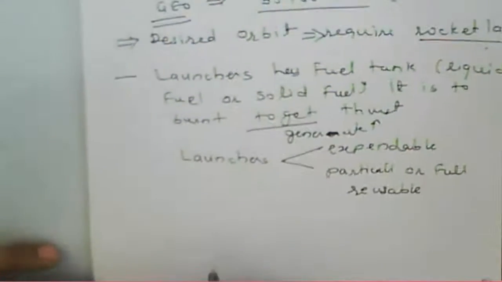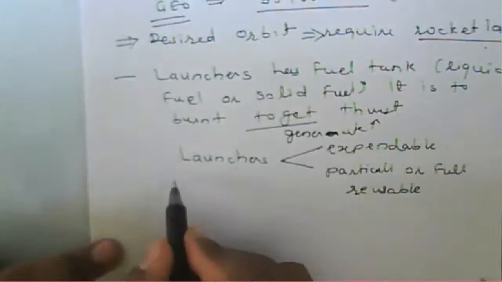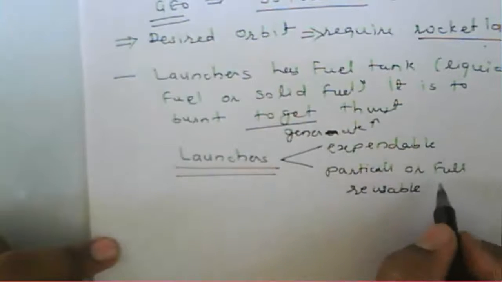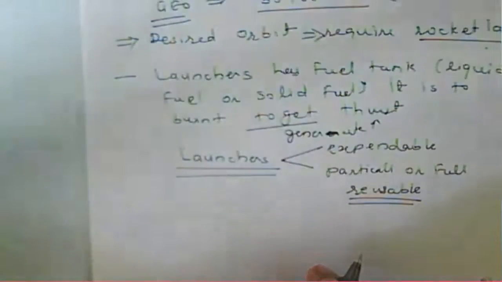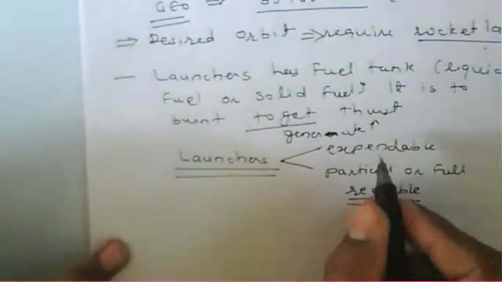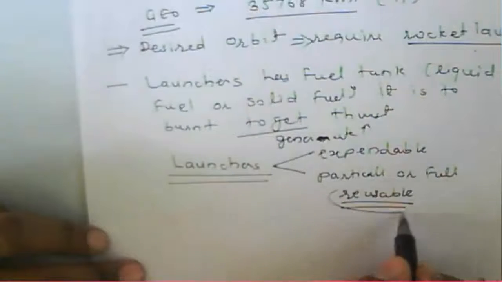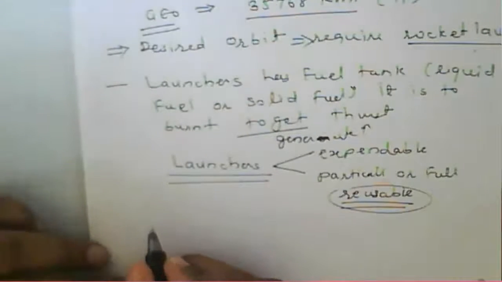You might have observed that whenever a satellite is launched into space, the launchers used can be partially or fully reusable. But sometimes the launchers used get damaged, and in that condition they cannot be reused.